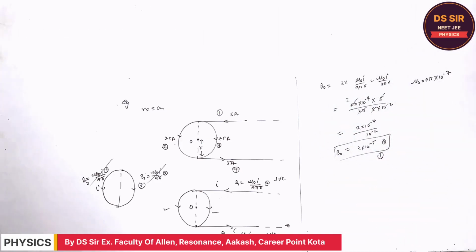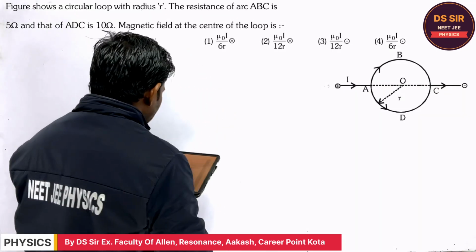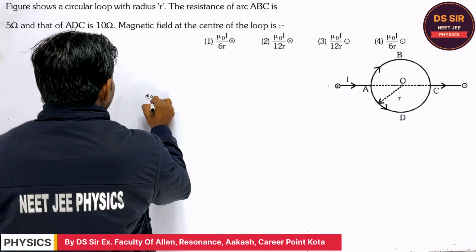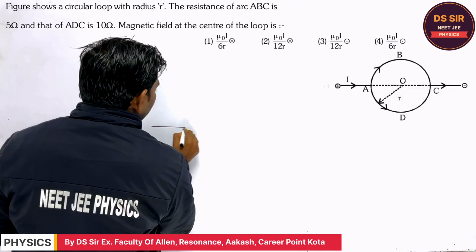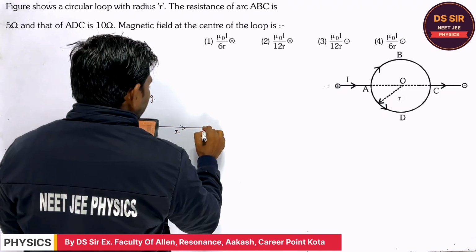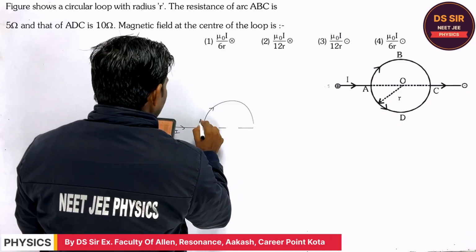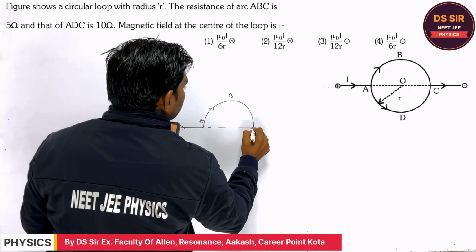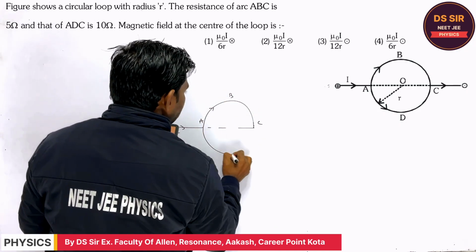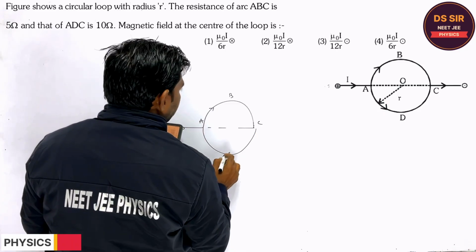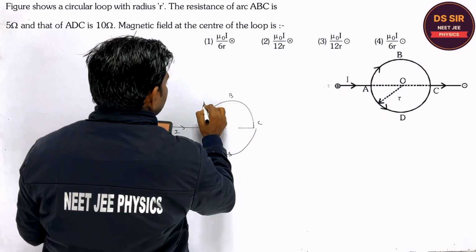Copy this. So read this question. In this question, the current is coming from infinity. This is the circular semicircle. This part is called ABC, and this part is called ADC. Is it clear or not?